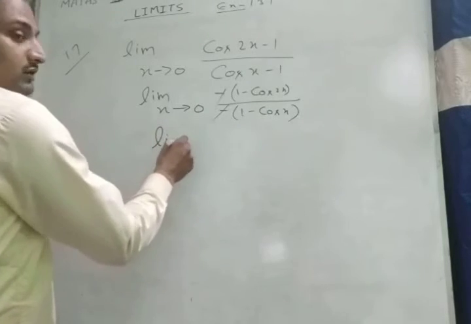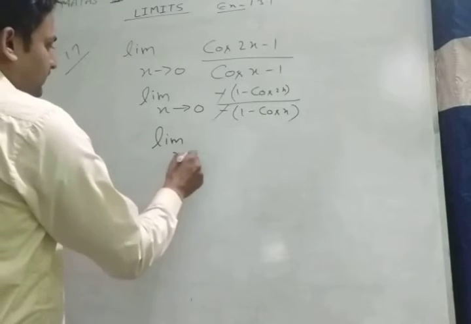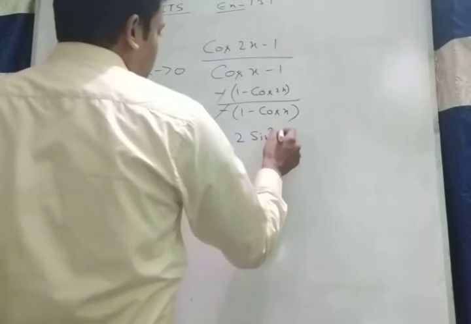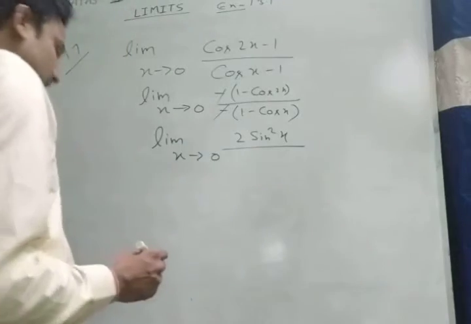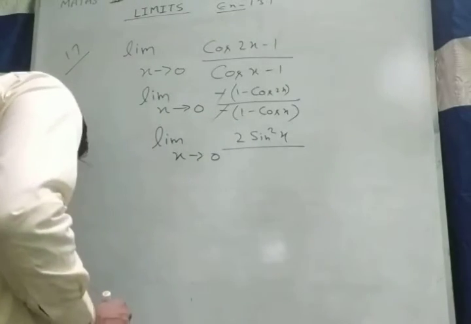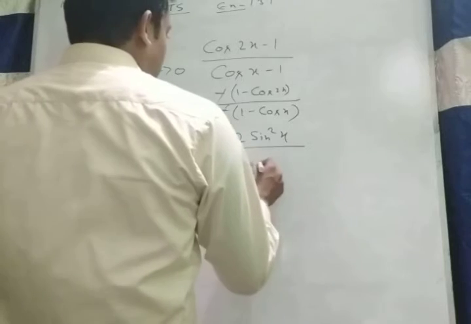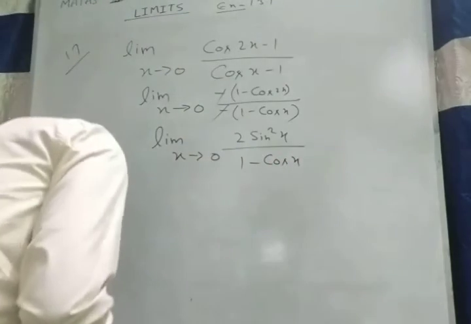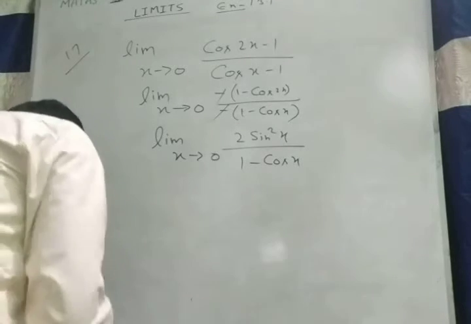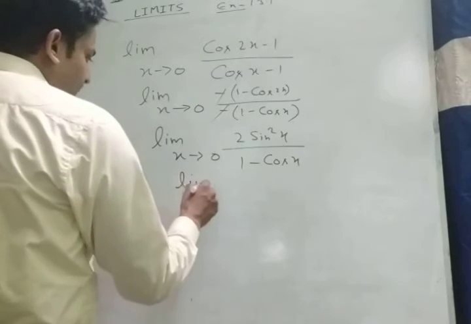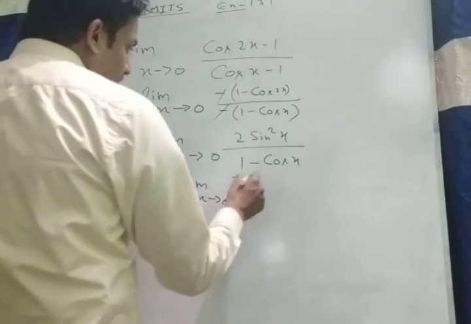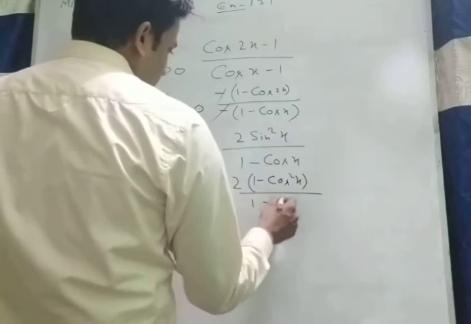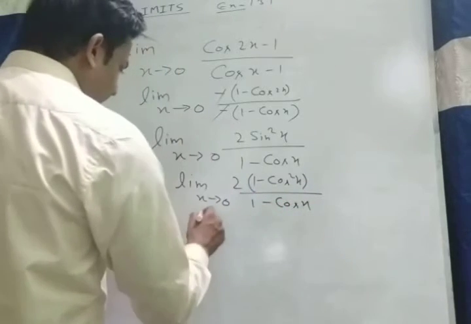Now limit x tends to 0, this is 2 sine square x upon 1 minus cos x. Now limit x tends to 0, 2, we can write 1 minus cos square x upon 1 minus cos x.